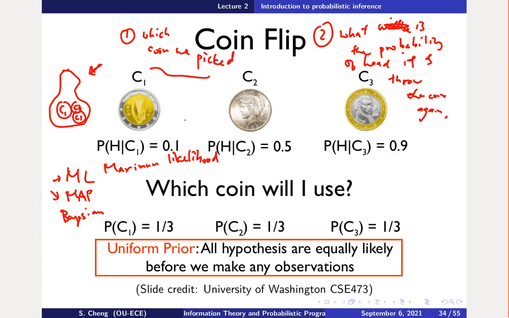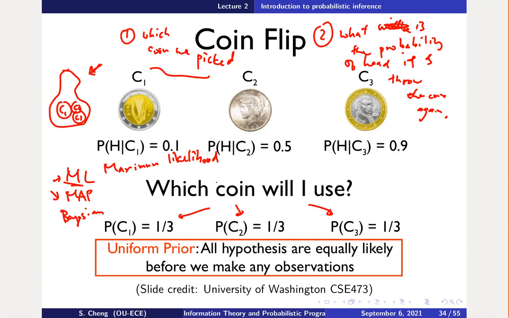The difference will simply be whether you apply a prior. If I'm using ML, basically I will assume that I have no prior knowledge of which coin is more likely to be the one we get. So in that case, we'll just assume that it's uniformly likely to get C1, C2, and C3, and all the probabilities will be just 1/3.